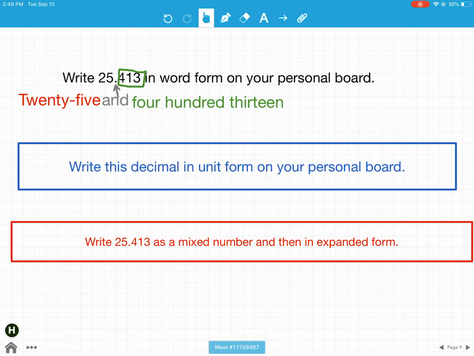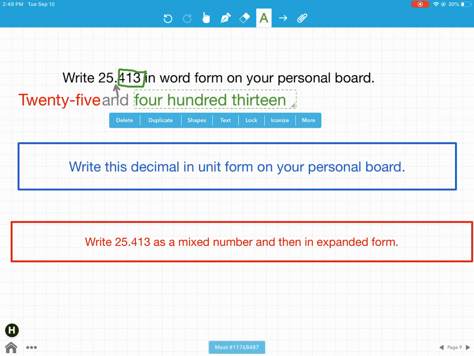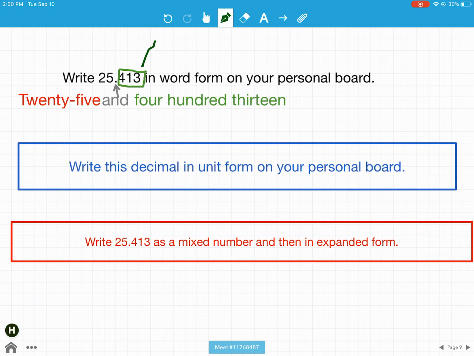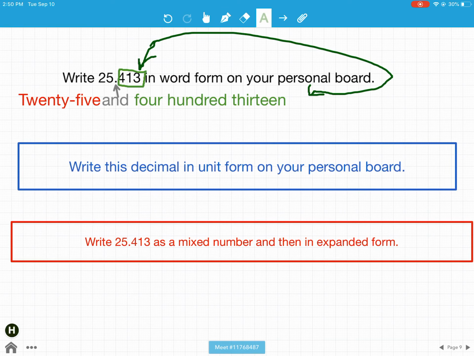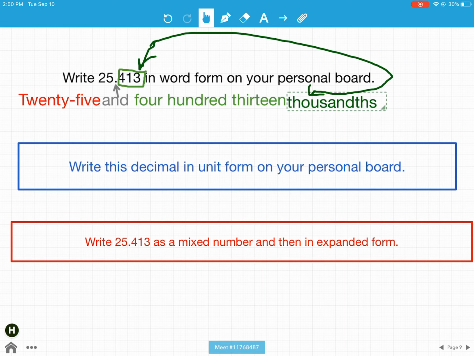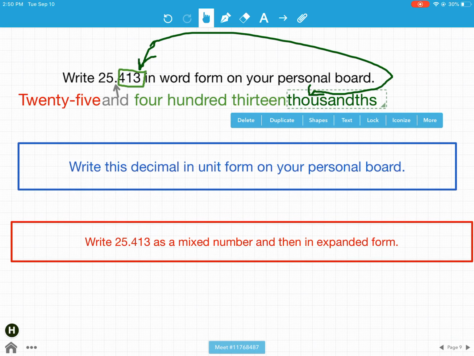And then we're going to tell where that last place value is. What is this digit? What place value is going to go right here? And it's in the thousands. So we're going to write thousands. So our answer is 25 and 413 thousandths. Okay?